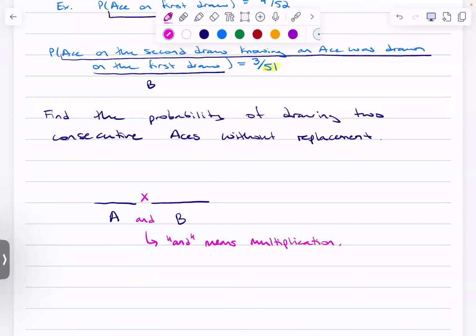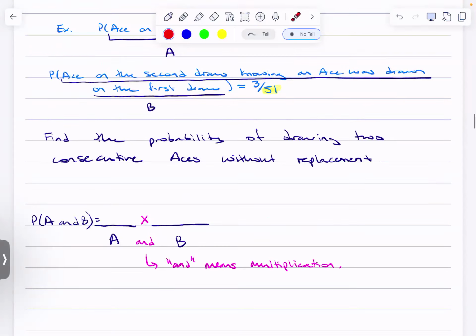So if I want to find the probability of A and B, right, which would be an ace on the first draw and an ace on the second draw, knowing that an ace was drawn on the first draw, right? That's the problem that I'm trying to solve.